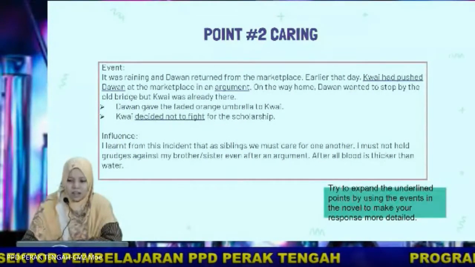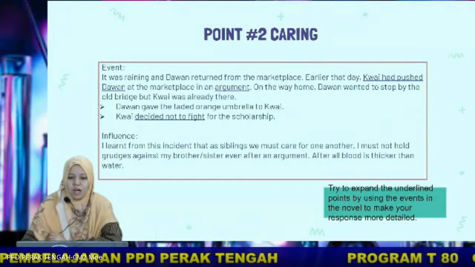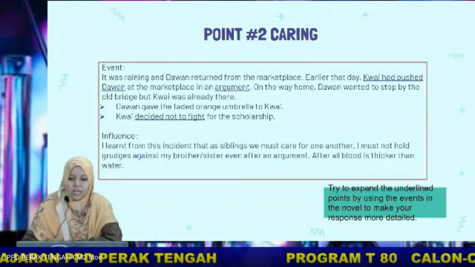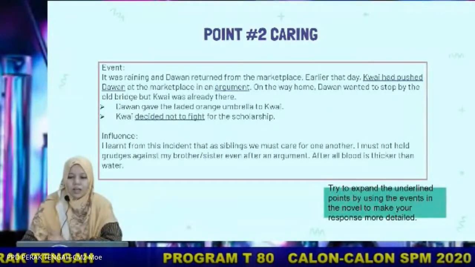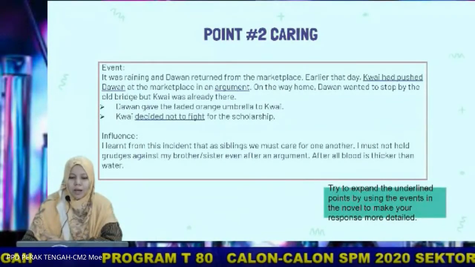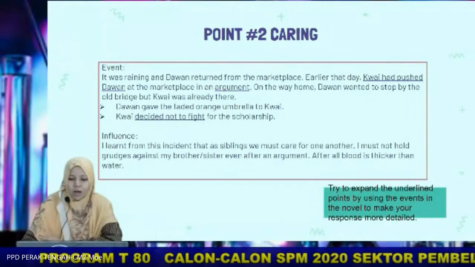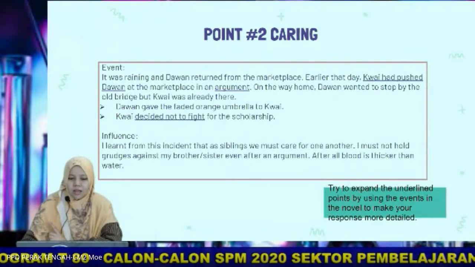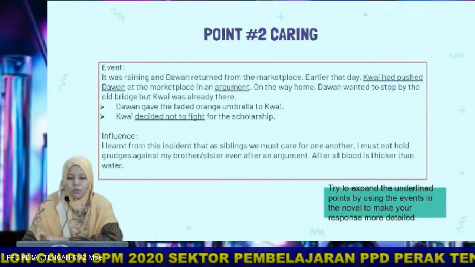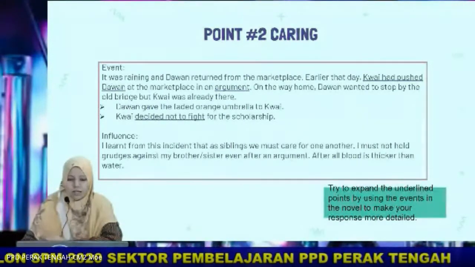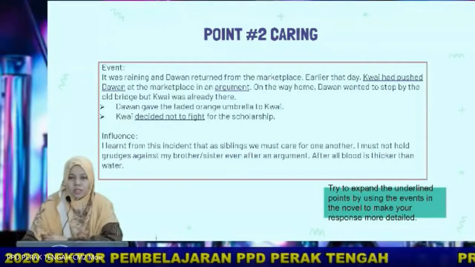Earlier that day, Kwai had pushed Dawan at the marketplace in an argument. On the way home, Dawan wanted to stop by the old bridge, but Kwai was already there. Dawan gave the faded orange umbrella to Kwai. Kwai decided not to fight for the scholarship.